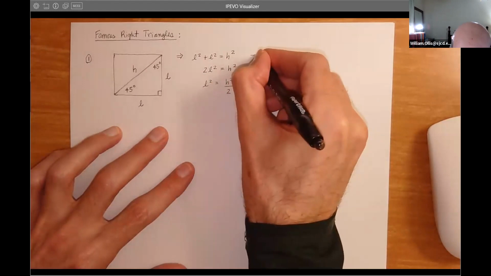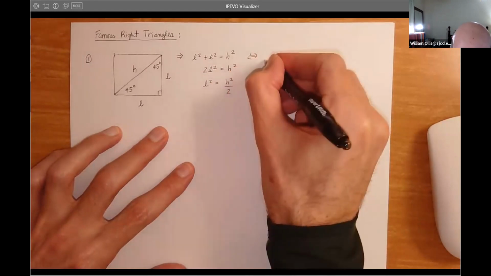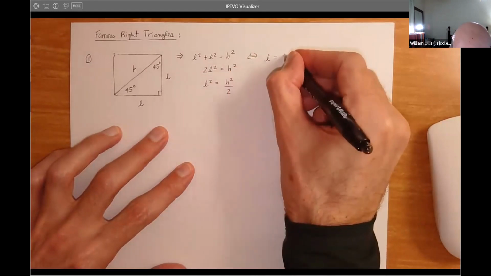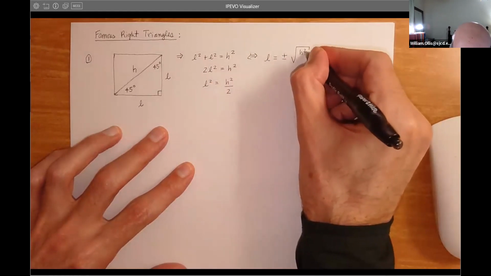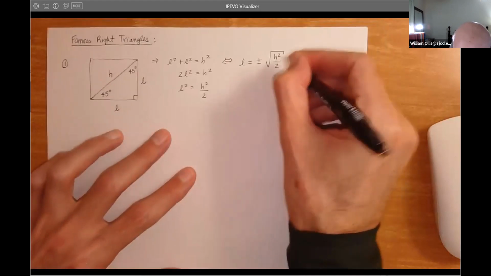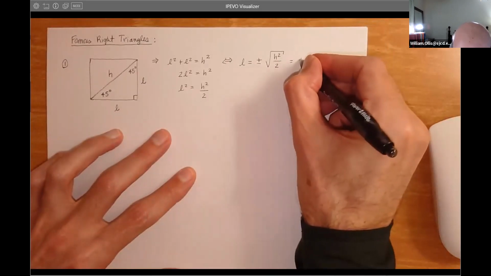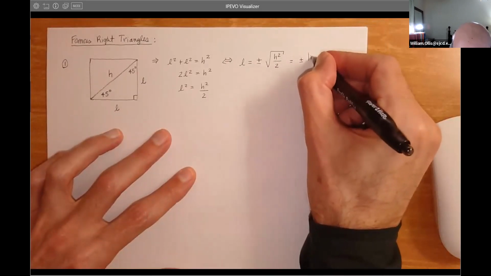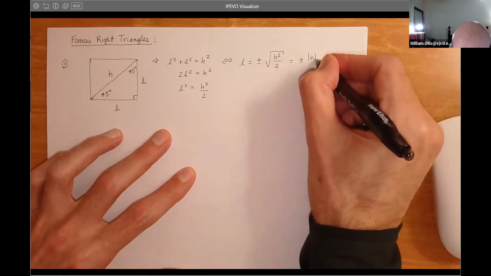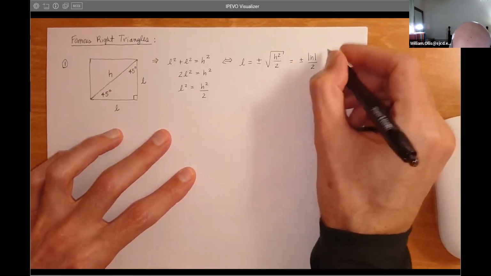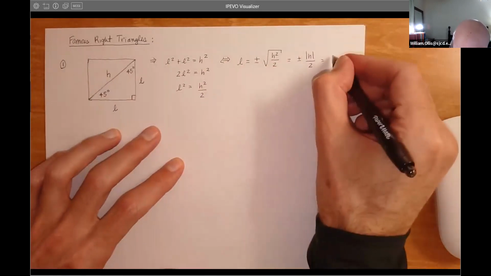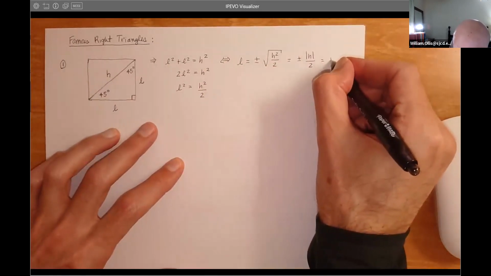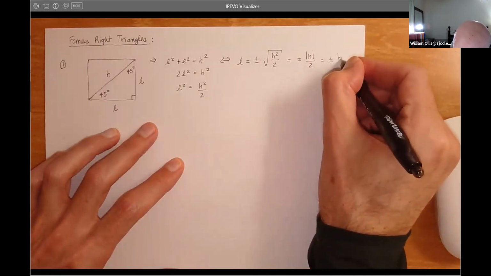And then by square root property, we have L equals plus or minus the square root of H squared over 2. But of course, this is plus or minus the square root of H squared, which is the absolute value of H, over the square root of 2. But here the absolute value of H is just H because we have a length, non-negative. So this is plus or minus H.